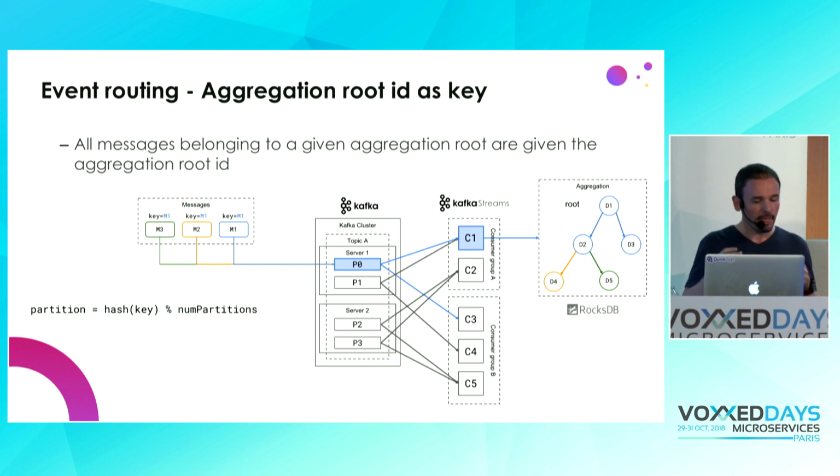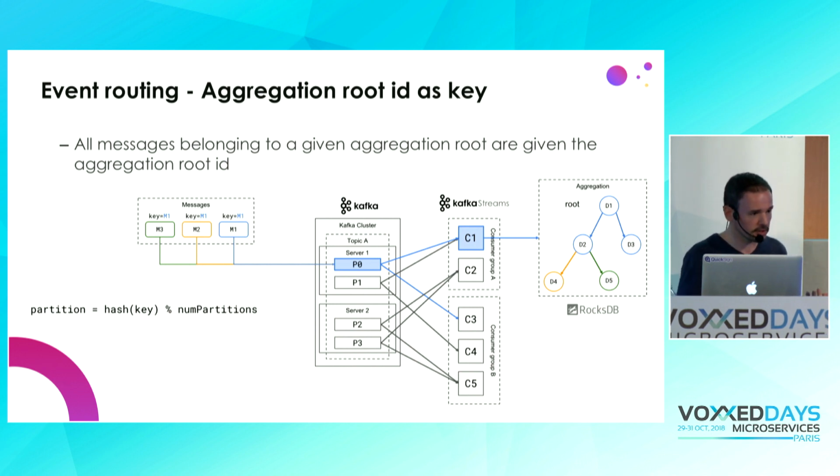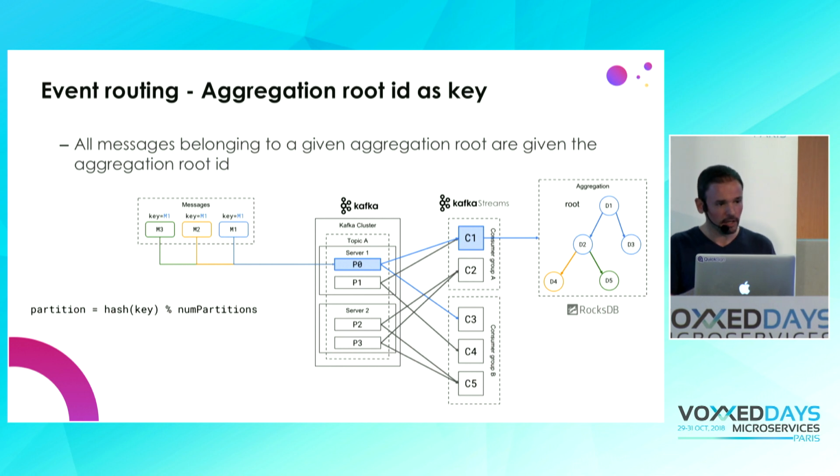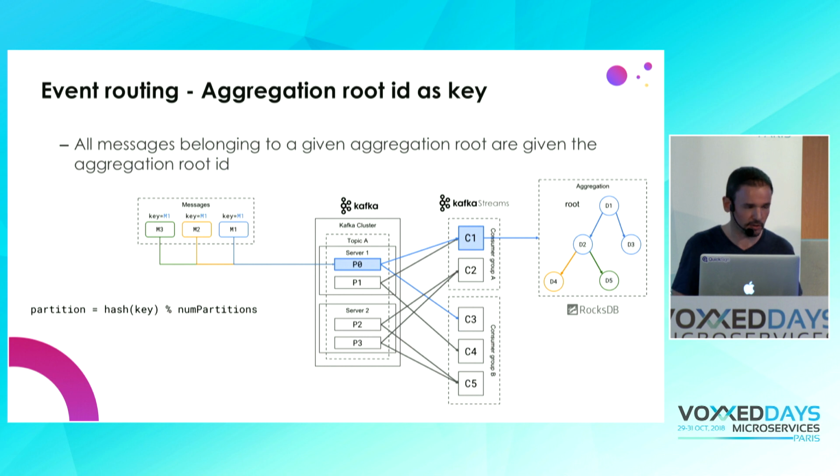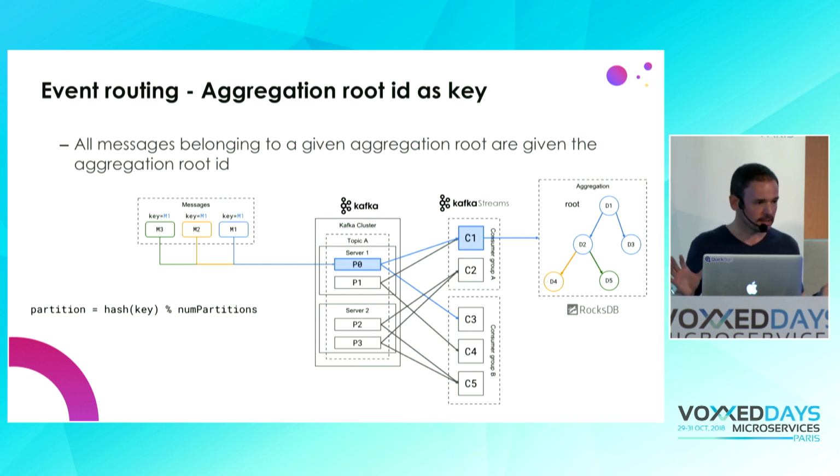When you do that, in Kafka, with the default partition strategy, Kafka does the classical sharding algorithm, which is to create a hash of the key and do a modulo of the number of partitions. You're going to find that simple algorithm in almost all the sharded middlewares out there. It's very simple.